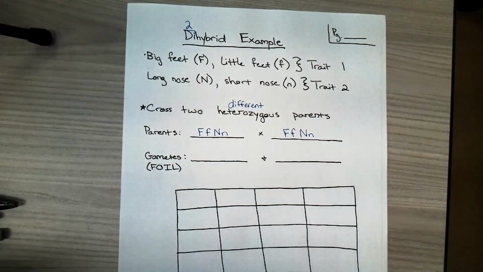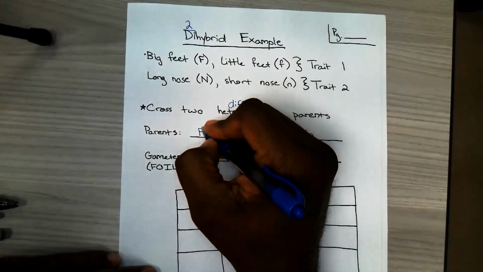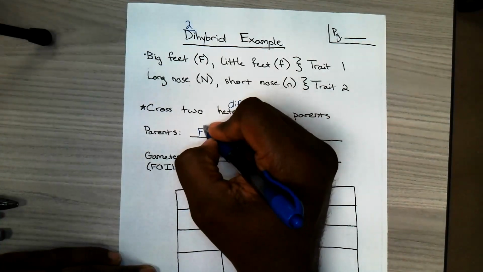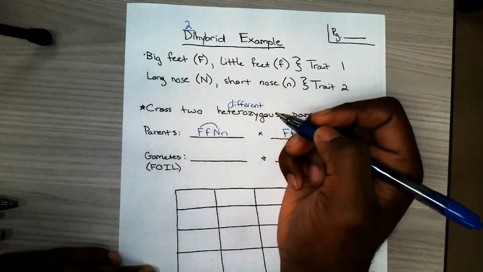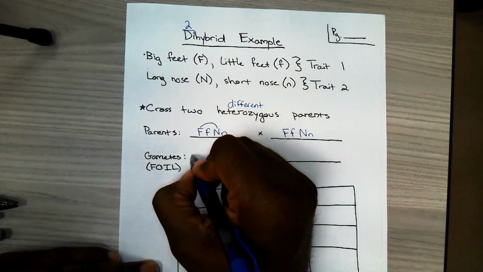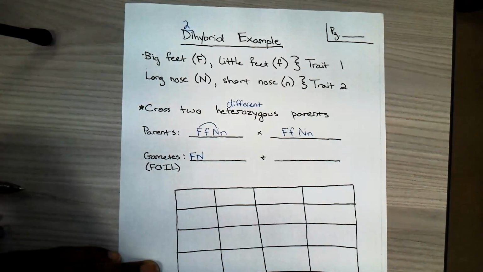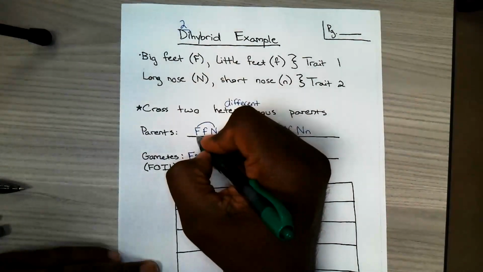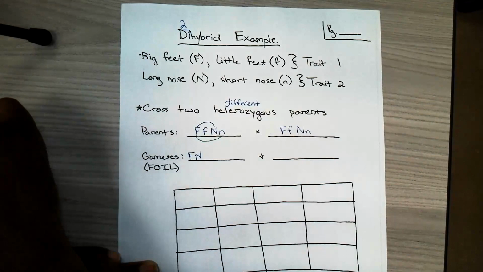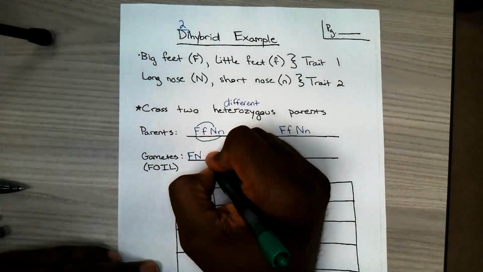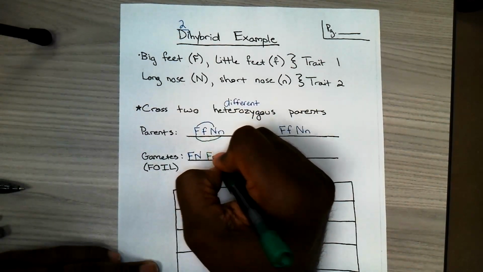So first we have to figure out our gametes, and we're going to stick with the same thing we did before as far as FOIL, right? So we're going to go first here. We're going to use same colors, and we go first, and we end up with big F, big N. We're going to go outside here, which gives us big F, little n.